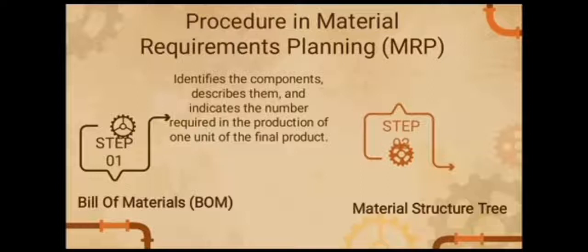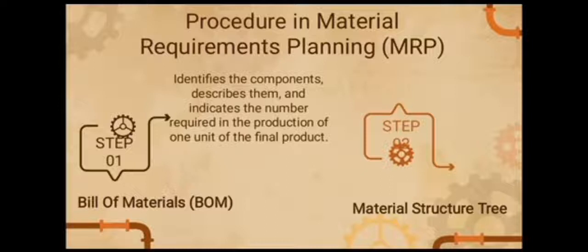So for the continuation on this topic, I am about to discuss the procedure in material requirements planning, or MRP. So what is MRP? MRP, or Materials Requirements Planning, is a production planning, scheduling, and inventory control system used to manage the manufacturing process.